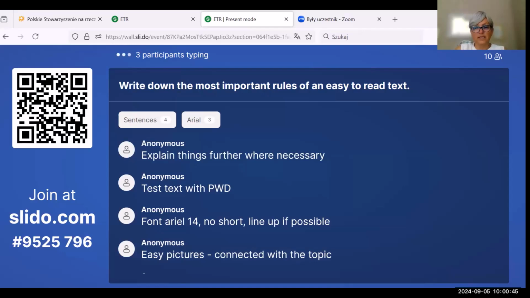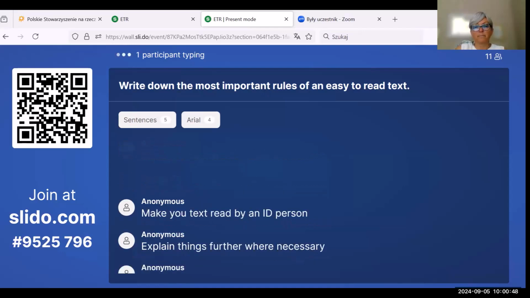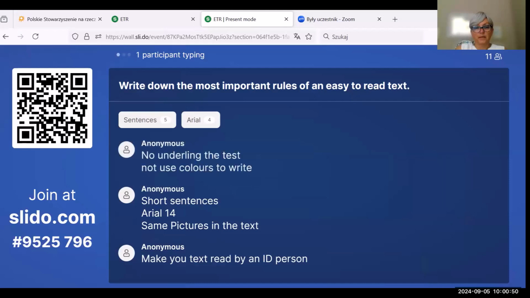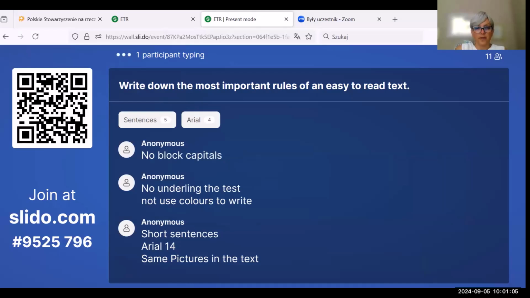Explain things further where necessary. Yeah, exactly. No underlining, no colors. Yes. No block capitals, exactly.